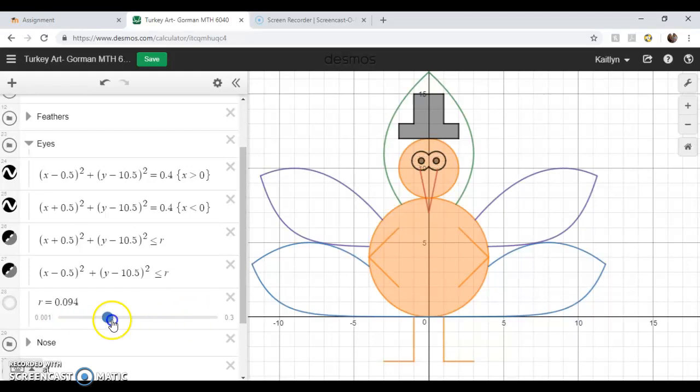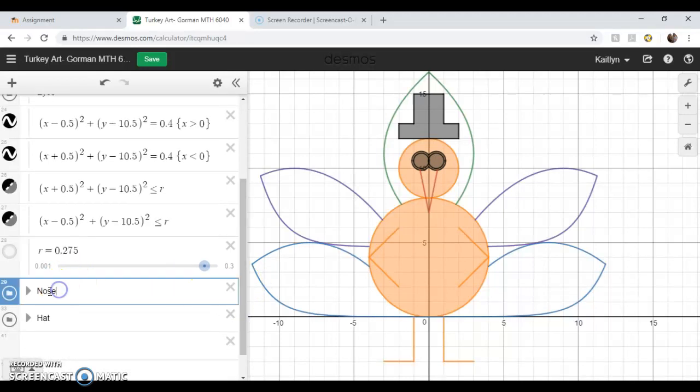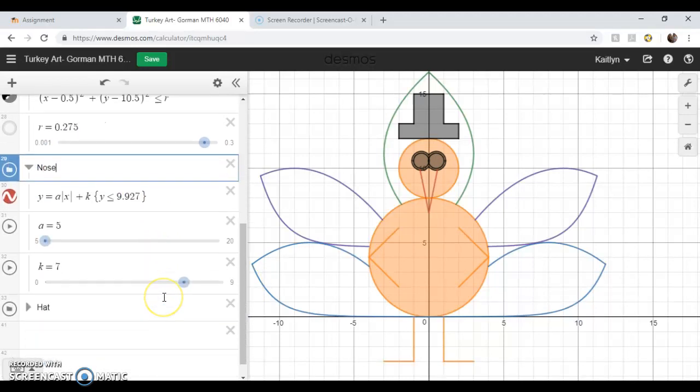Okay, so that's it for the screencast. I also wanted to show you that with the nose, I also added a slider to make it bigger or smaller, and then make it a big nose or a small nose for the turkey.